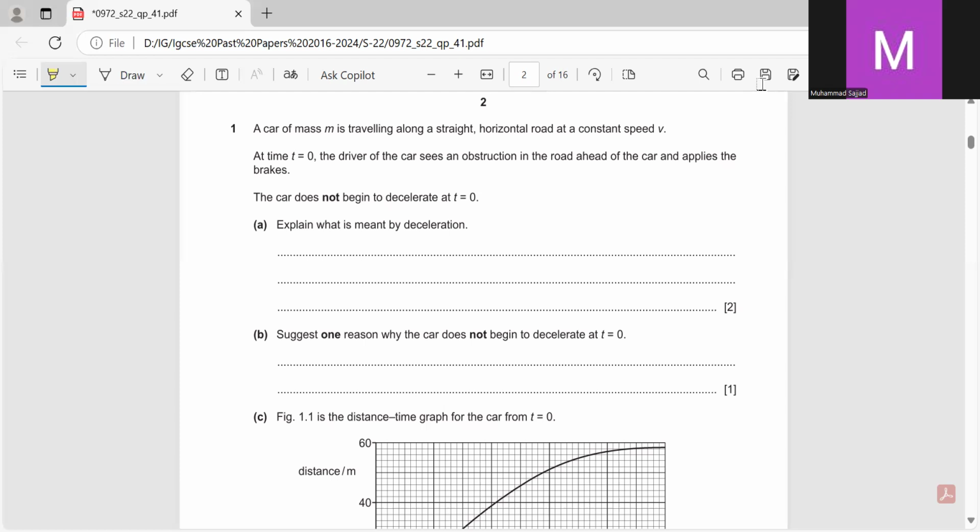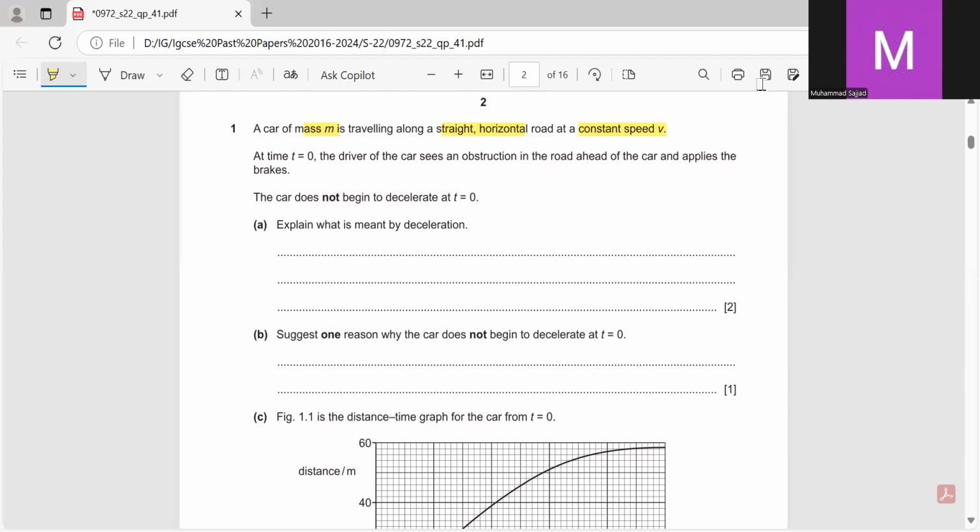So let's start. A car of mass M is traveling along a straight horizontal road at constant speed v. Now see, instead of saying a straight horizontal road at constant speed v, he could simply say it is traveling along a road with constant velocity, because speed is constant and the road is straight and horizontal, which means direction is constant, so velocity is constant anyhow.